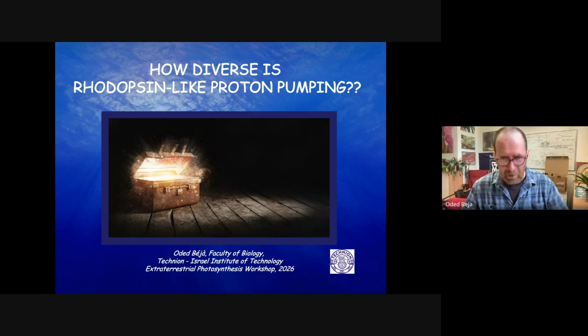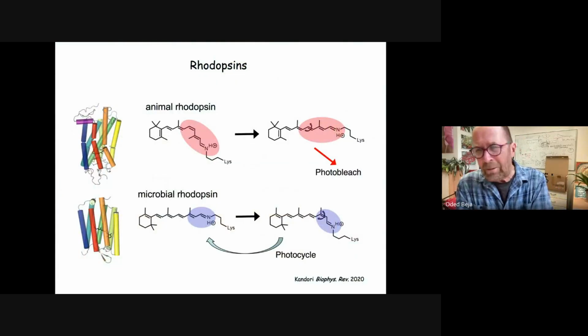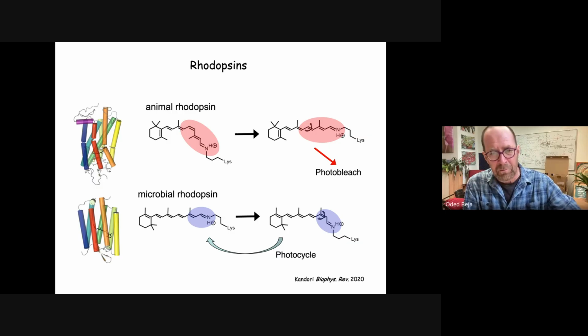Okay, so the first few slides are going to be just a brief introduction. First of all, there are 2 kinds of rhodopsin families. First of all, animal rhodopsins. You are using those rhodopsins in your eyes and actually see the slideshow with them. But apparently, there's another big family of rhodopsins in microbes.